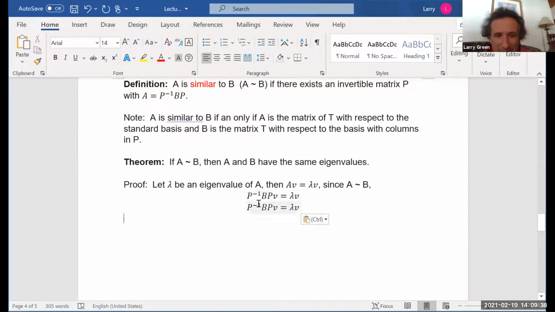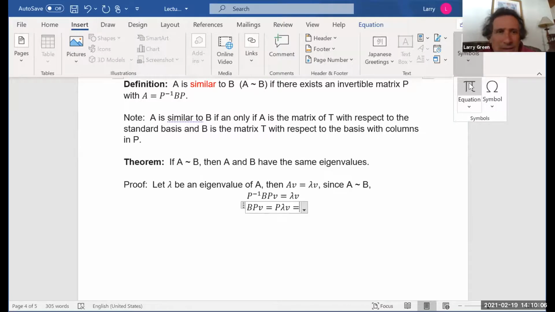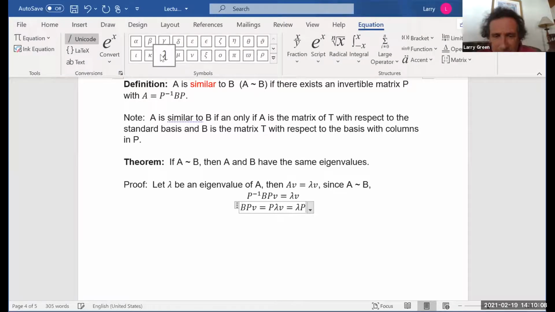If I left multiply by P, P inverse goes away, and I get P lambda V. Any questions on that? But lambda is a constant. A constant can always get pulled out. So P lambda V is equal to lambda PV. Any questions on that little linear algebra piece?